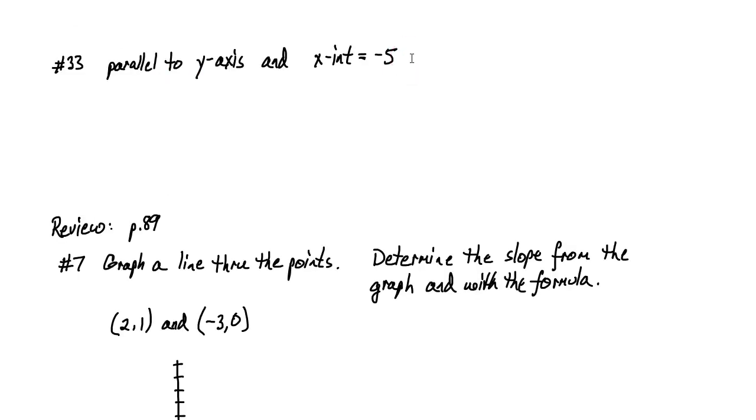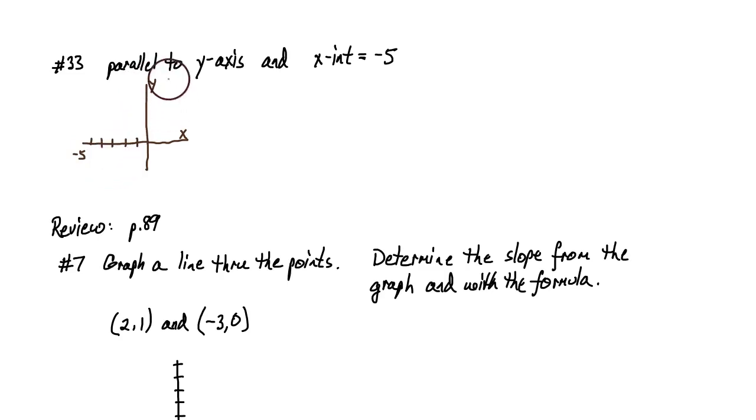Number 33, write the equation of a line that's parallel to the y-axis, and its x-intercept is negative 5. Let's draw a quick sketch so we can visualize this, because this is a special case. On the x-axis, here's where negative 5 is. 1, 2, 3, 4, 5 units to the left. This line here is the y-axis.